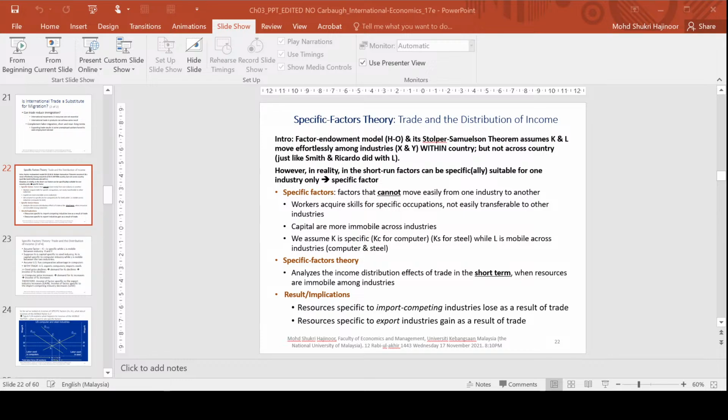So that factor is specific to a certain industry. Capital for producing aircraft cannot be used for production of wheat or rice or mangoes or bananas. No. For airplane, yes, that kind of capital is specific to airplane only.